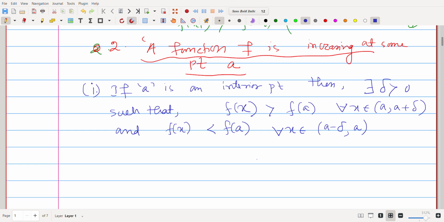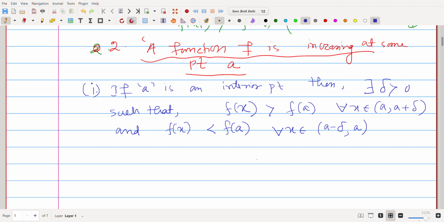So a function f is increasing at some point a, it's meaning that if a is an interior point, then there exists a delta greater than 0 such that fx greater than fa for all x belongs to a comma a plus delta, and fx less than fa for all x belongs to a minus delta comma a.